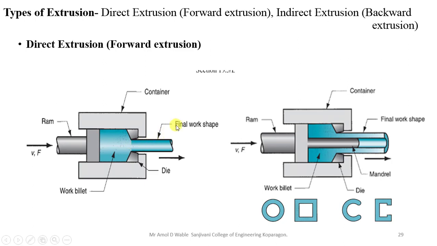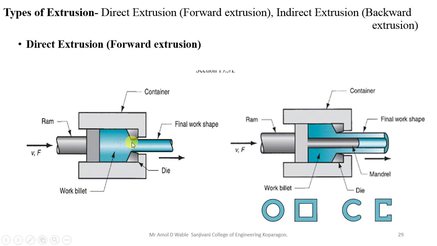As the ram approaches the die, a small portion of billet remains, which is called a butt. When it comes to this position, in this small area metal will remain, that is called the butt.